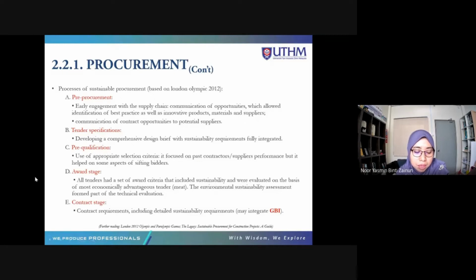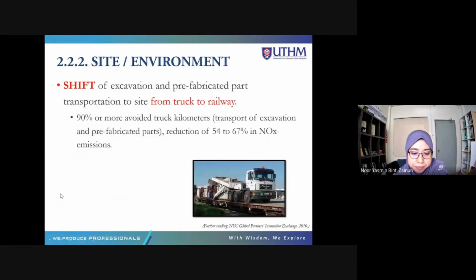Okay. And D, on the award stage, all tenders had a set of award criteria that included sustainability and were evaluated on the basis of the most economically advantageous tender. And lastly, on the contract stage, contract requirements include detailed sustainability requirements, for example, GBI.